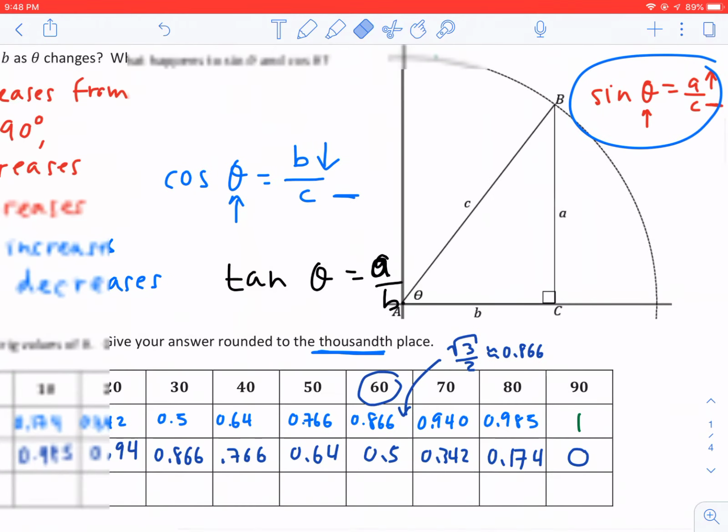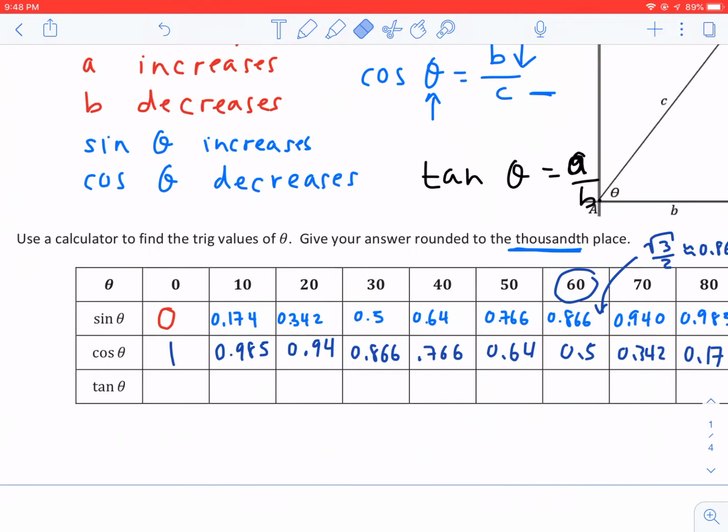All right, so if you're not sure, let's just take a look. Let's just fill in this table and see the values we got. So hold on, let me type this in as well. I'm going to pull up Desmos and tan of 0 degrees. Boom, that is 0.